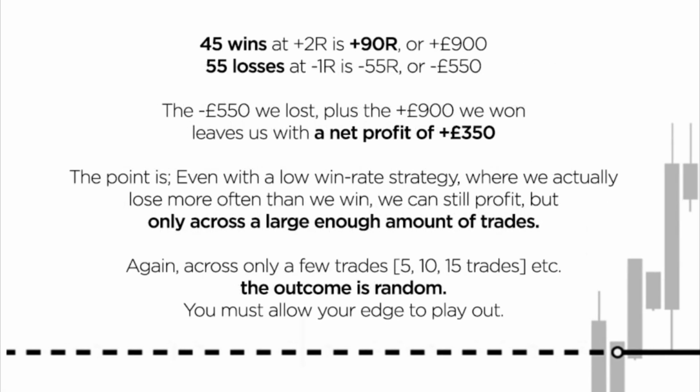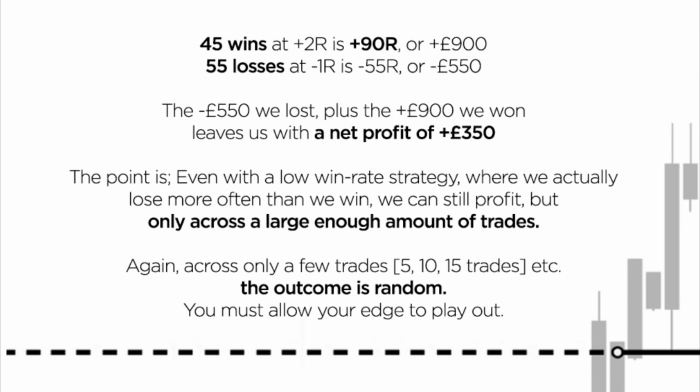So 45 winning trades at 2R each gives us 90R or £900. 55 losses at minus 1R is obviously minus 55R or minus £550. So we take the 550 we've lost, add in the 900 we've won, and we're left with a net profit of £350.